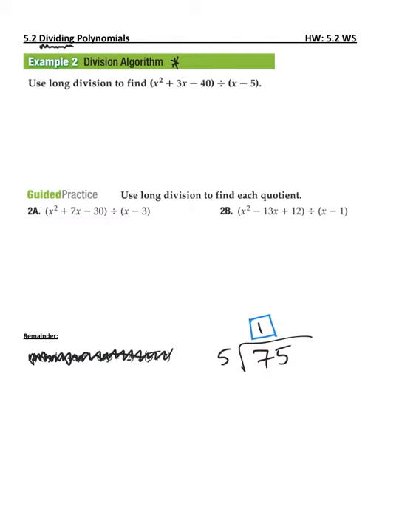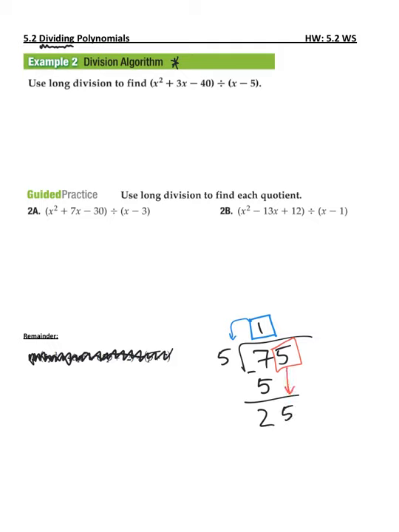What you would then do is take 1 and multiply it by 5. So 1 times 5 goes down here. The division algorithm then says we're going to subtract: 7 minus 5 is 2. We hadn't used this 5 in the 75 yet, so we bring it down.